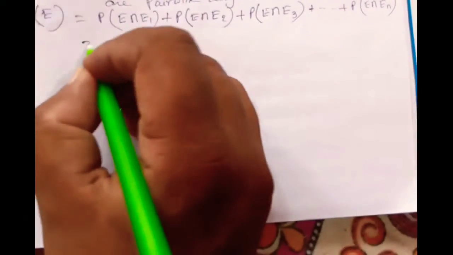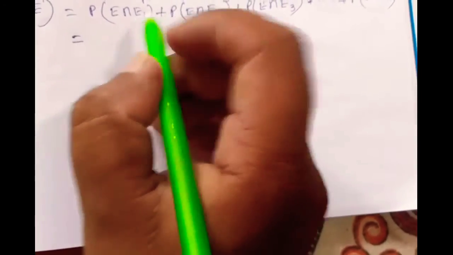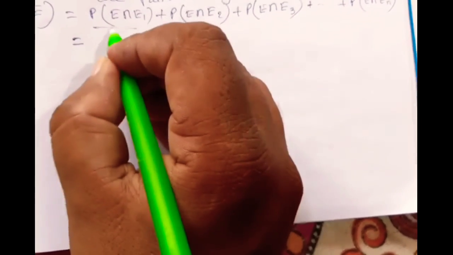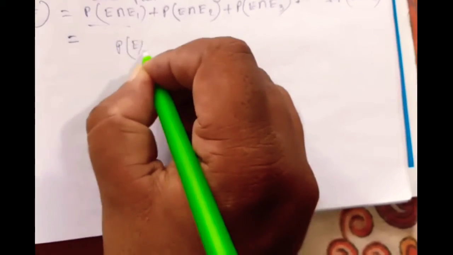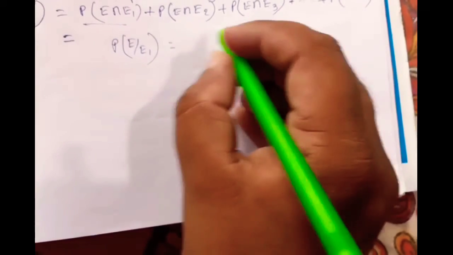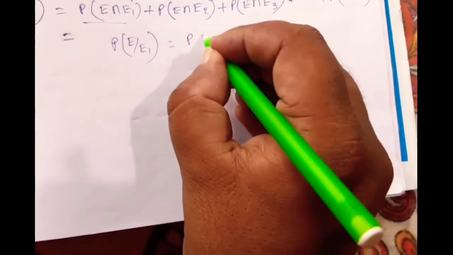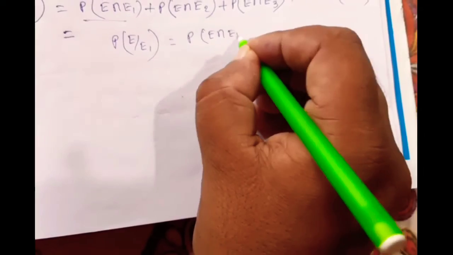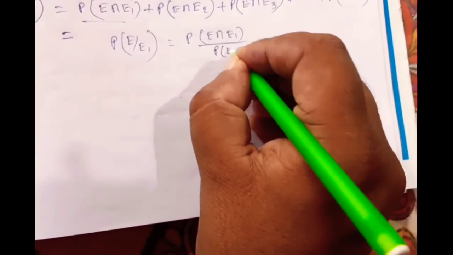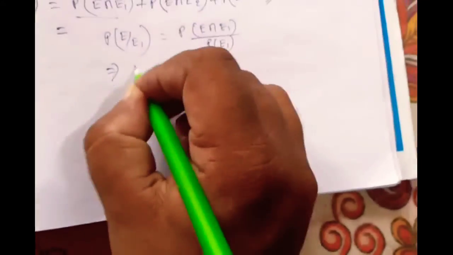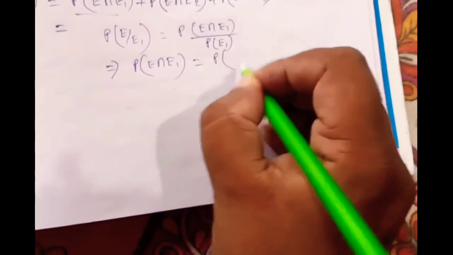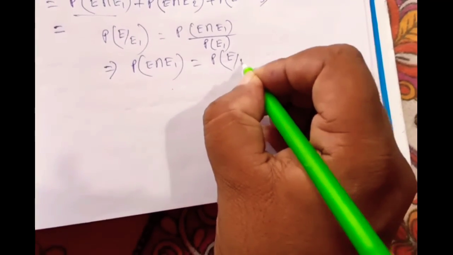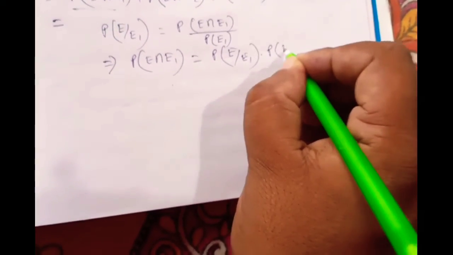Okay, now by conditional probability we know that P of E by E1 equals P of E intersection E1 by P of E1. Now from here we get P of E intersection E1 equals P of E by E1 into P of E1.